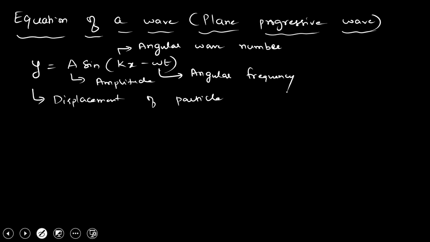So these are all the terms related to this plane progressive wave: y equals A sine of (kx minus omega t).